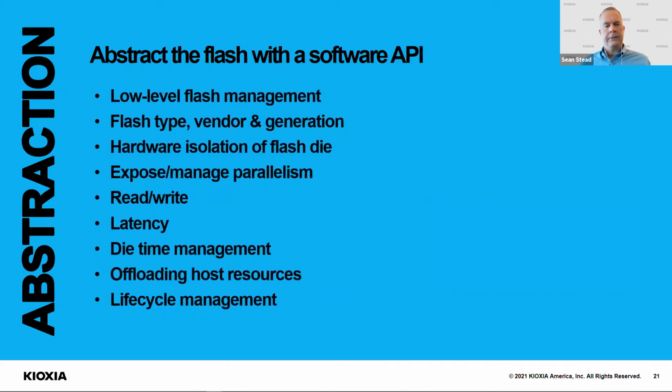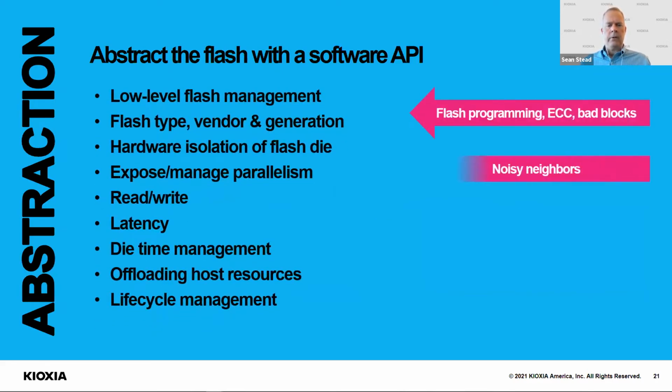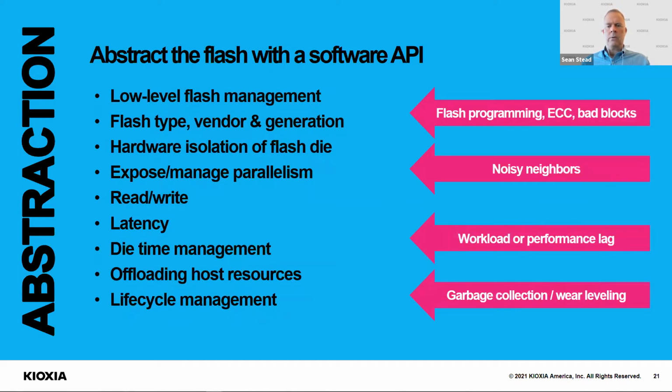Abstraction. So a key point here also is abstracting the flash is a core function of software-enabled flash, and the software API is the key to accomplishing this. So what needs to be abstracted? The low-level semantics of the flash itself, the ability to isolate hardware die for both performance and isolation. I'll show you a little bit more about that in examples coming up in today's webinar.